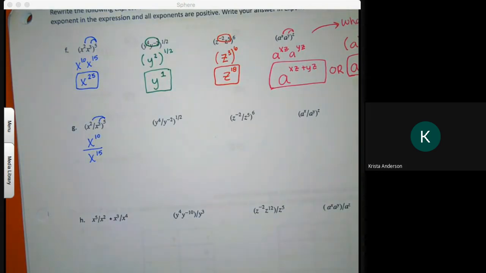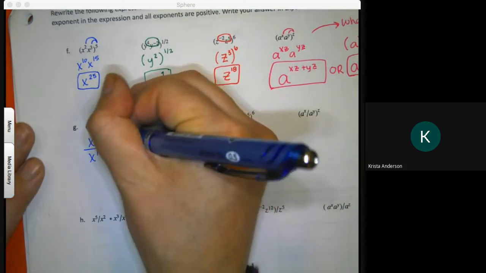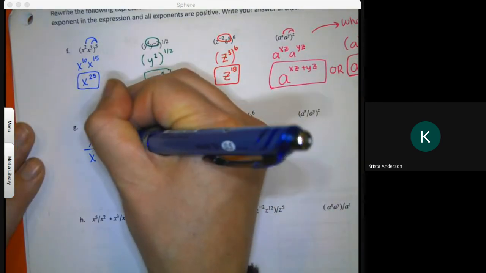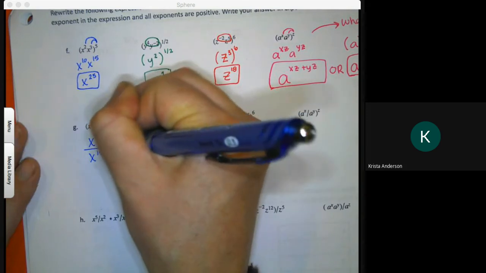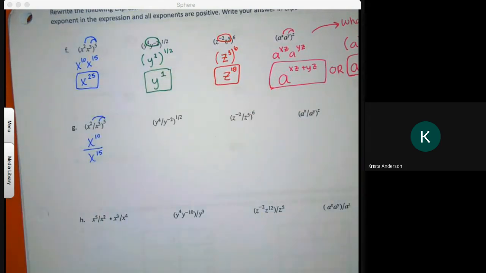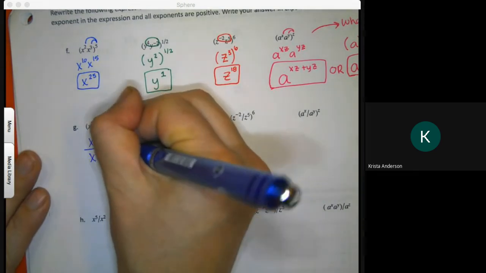It's almost the same as the last one, but it's a fraction. So rather than adding 10 and 15, I'm going to subtract these. What's 10 minus 15? And because it's a -5, that means that the x should be left on the bottom.